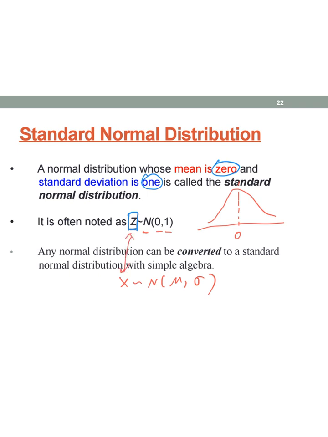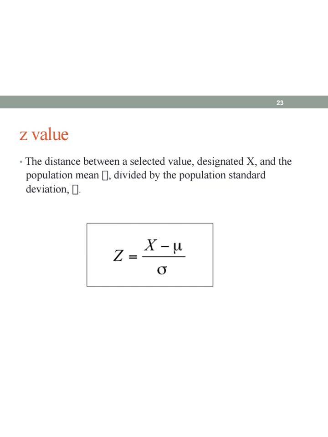We could use the following algebra to build a connection with the mean and the standard deviation, the general normal distribution with the standard normal distribution. If our X follows normal distribution with mean mu and standard deviation sigma, and we want to transform this to standard normal distribution, this procedure we call standardize.